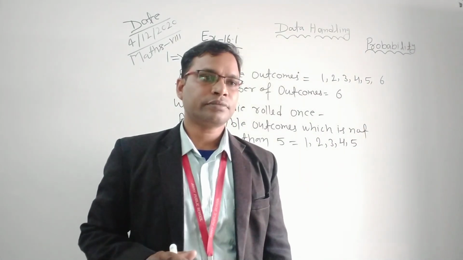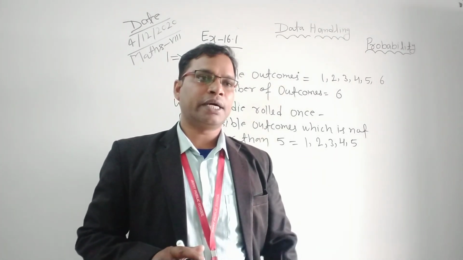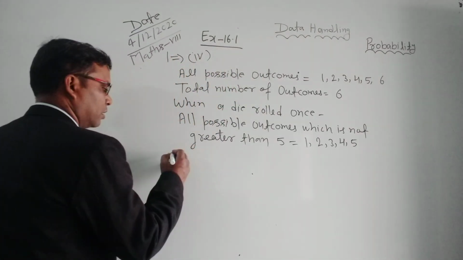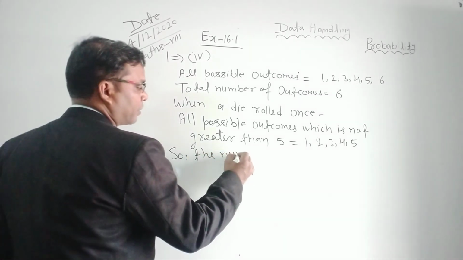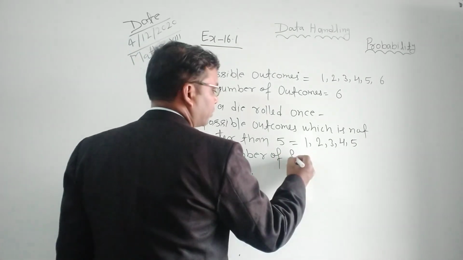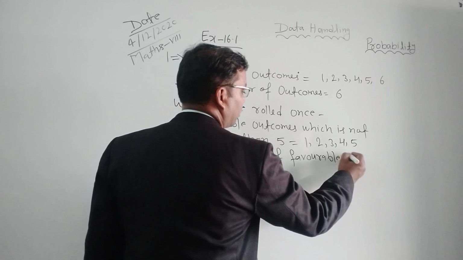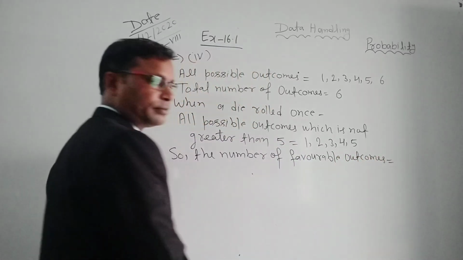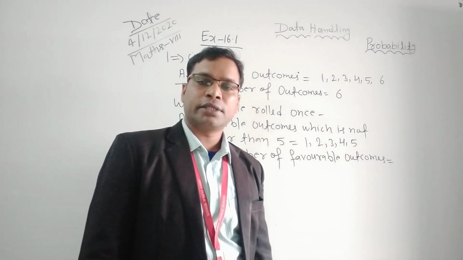Now, 1, 2, 3, 4, 5 are not greater than 5. So the number of favorable outcomes is equal to what? How many numbers are not greater than 5?